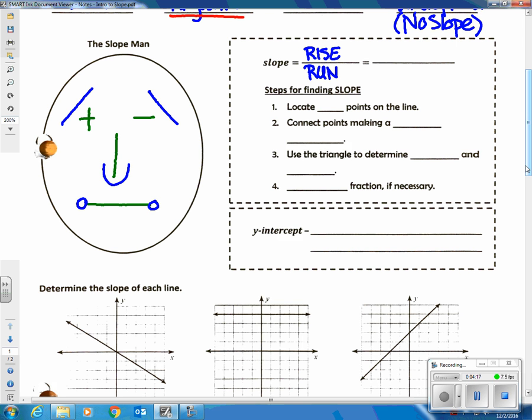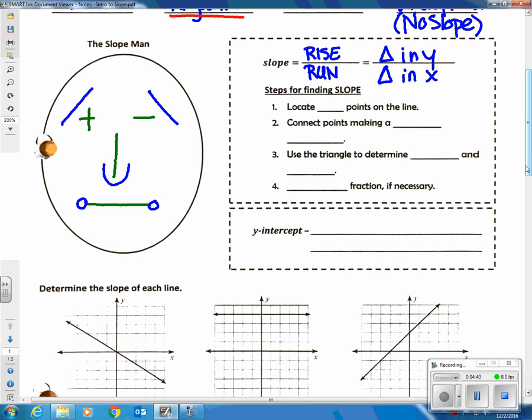Another way to think of this is the rise is what we call the change. Remember that little triangle means change. Change in y over the change in x. And again, we're going to work with this a little bit more so you'll understand what this means as we move on.